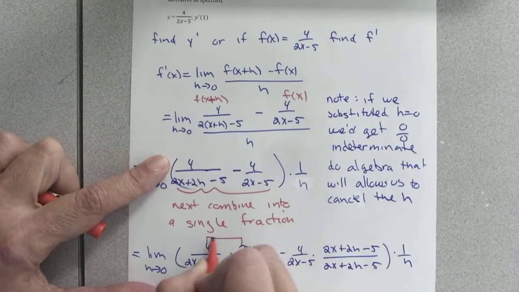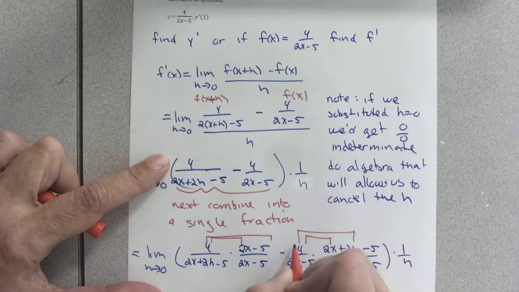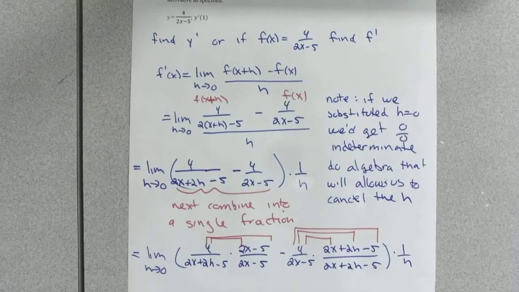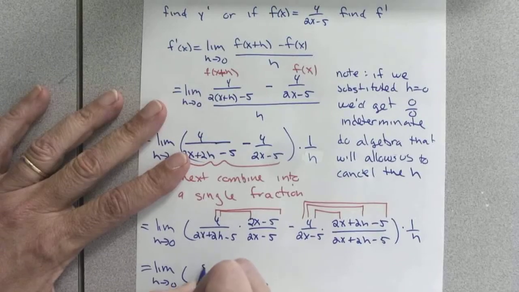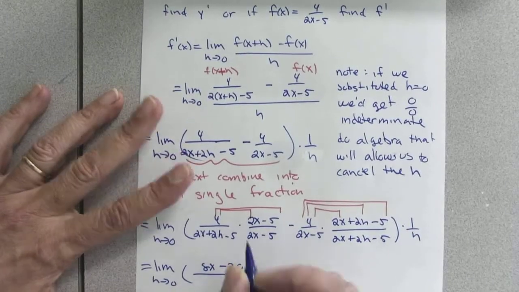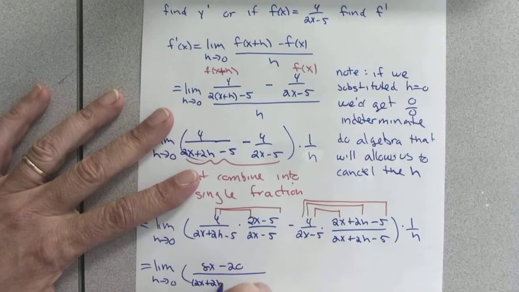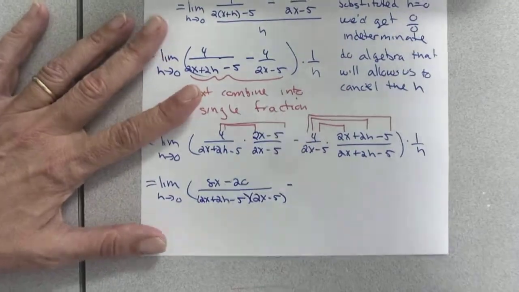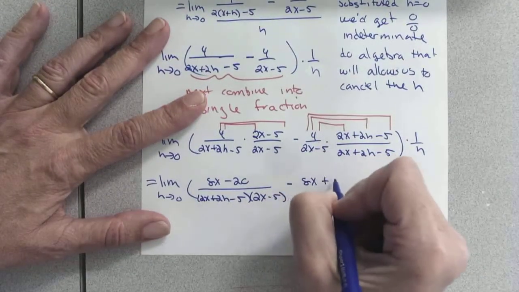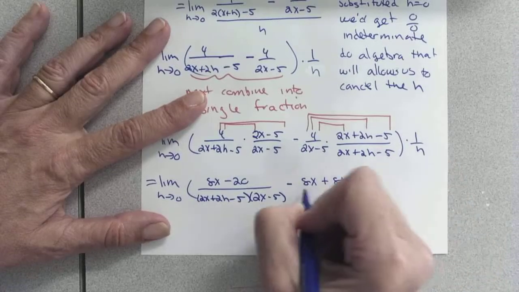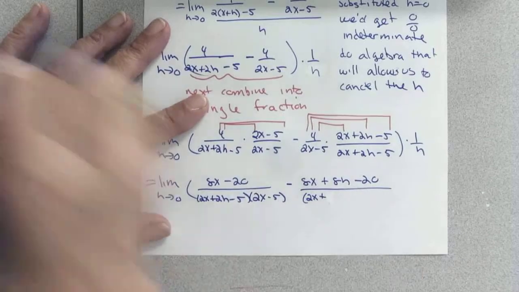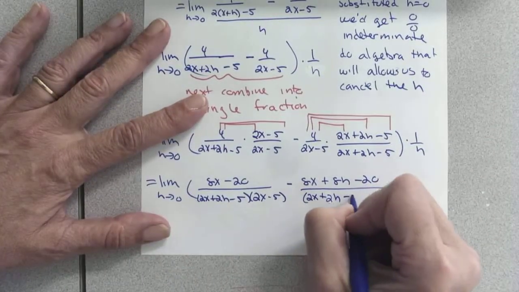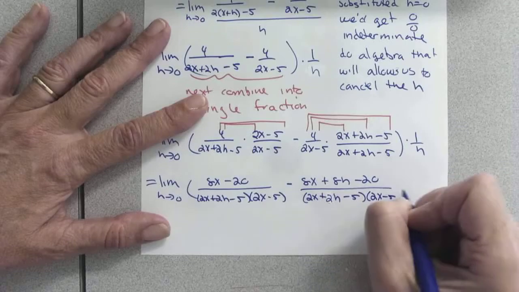Simplify. I'm going to distribute here, and I'm going to leave that minus sign for later. And so I have 8x minus 20 over 2x plus 2h minus 5 times 2x minus 5, minus 8x plus 8h minus 20 all over 2x plus 2h minus 5, 2x minus 5.